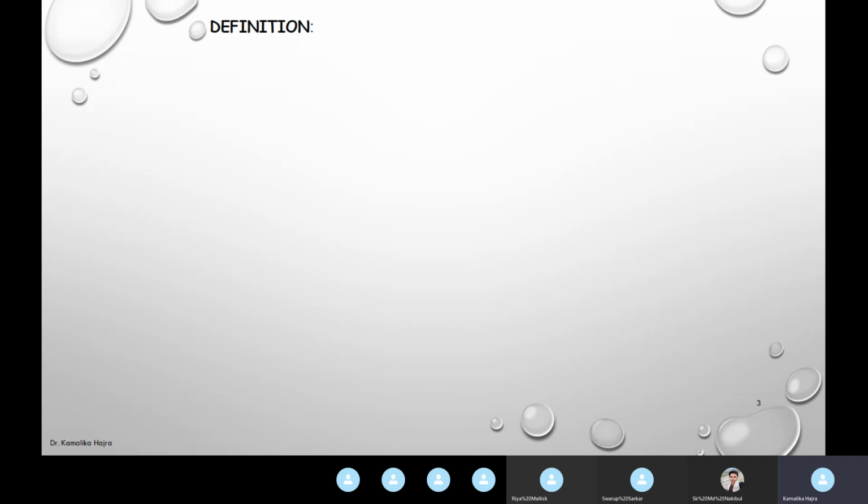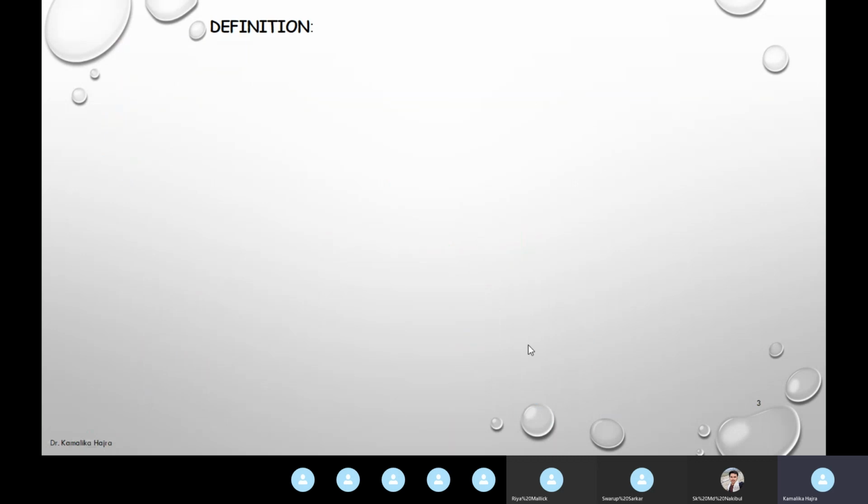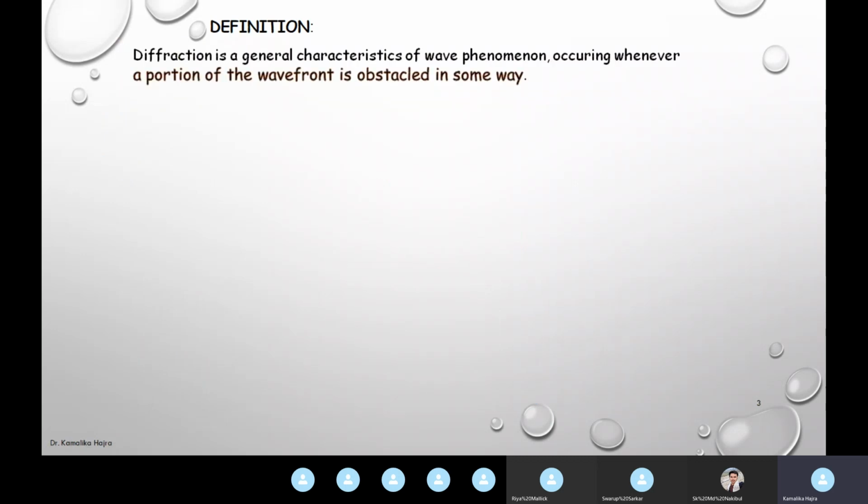If you go back to these pictures, here this ball is acting as an obstacle to this wavefront, and here the boundaries of this slit, of this aperture, are acting as obstacles to this incoming wavefront. So the definition is very rightly put: it is the general characteristic of wave phenomena occurring whenever a portion of the wavefront is obstructed in some way.